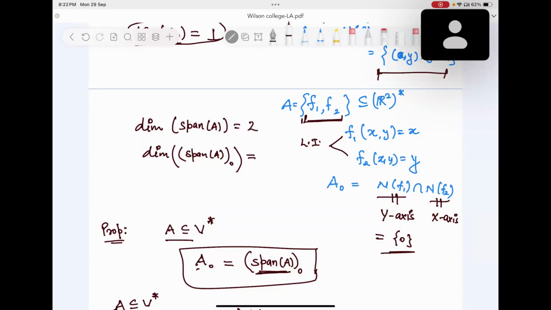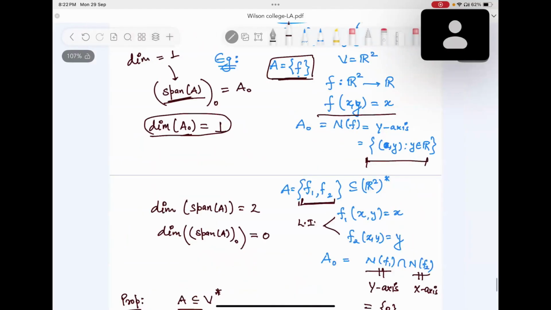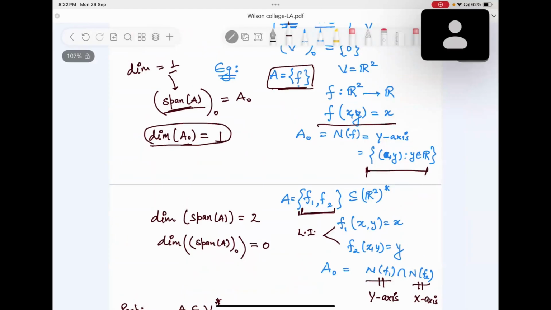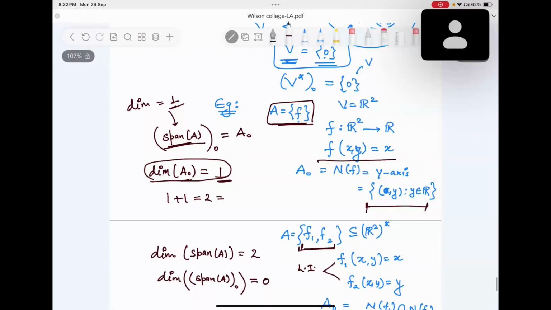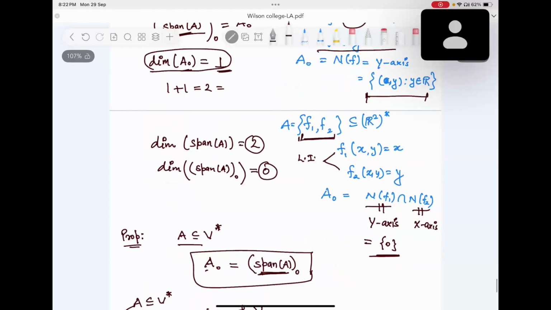This is only 0, so the dimension is 0. Now can you see some relation here? Dimension is 1, dimension is 1. So what is 1 plus 1? 2, and 2 is the dimension of the domain space. Here, 2 plus 0, the dimension of the domain space.